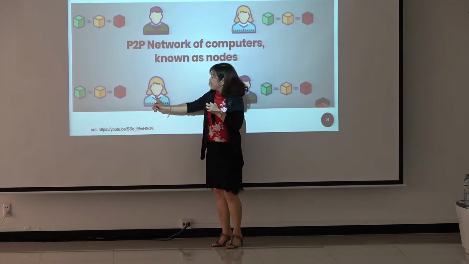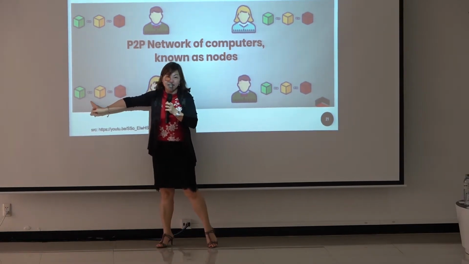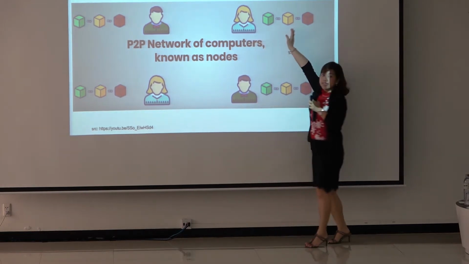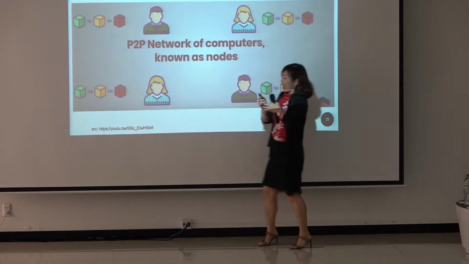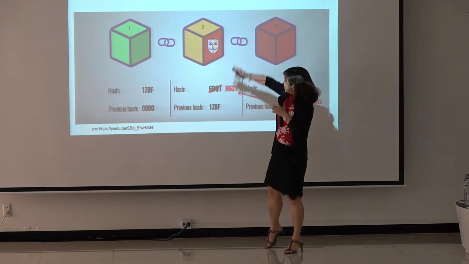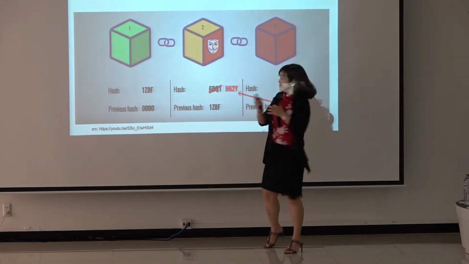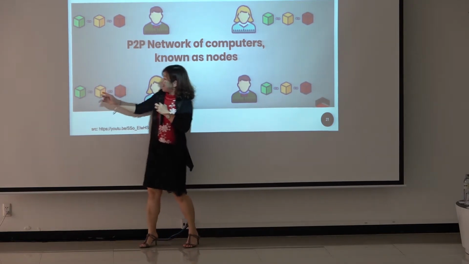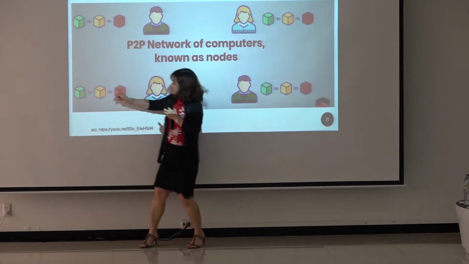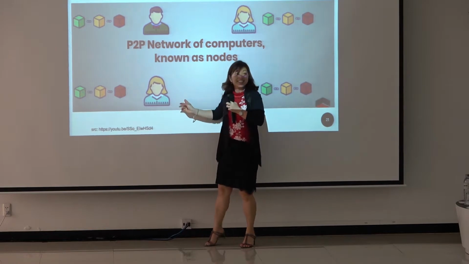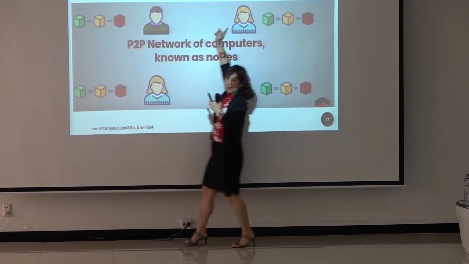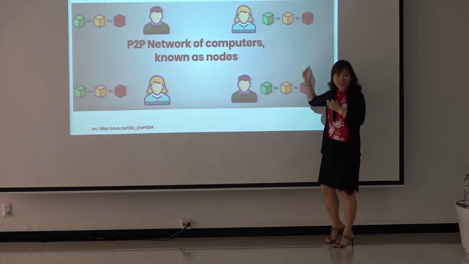If you join, you also have a copy of the blockchain in your computer, and everyone who wants to join will be the same. So in that scenario, suppose some bad guy makes changes here and here and here successfully. Do you think that you will be able to change the data of the others?